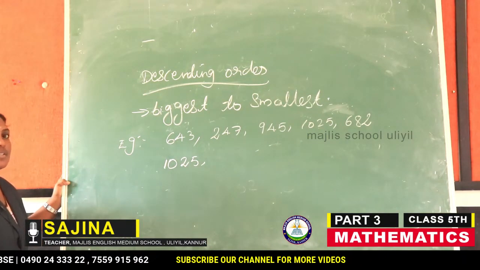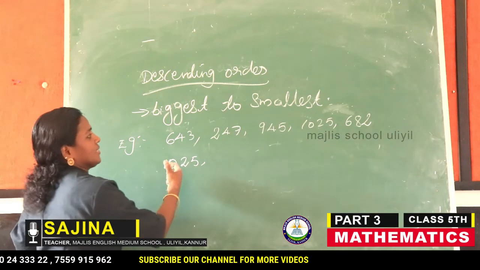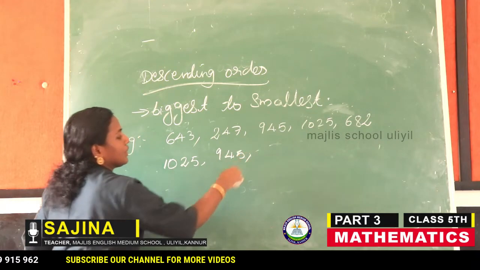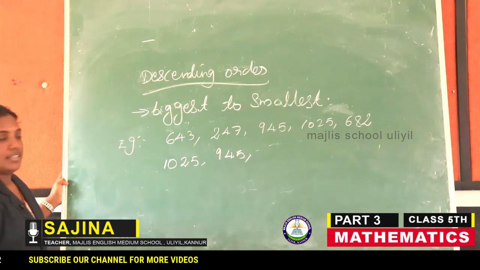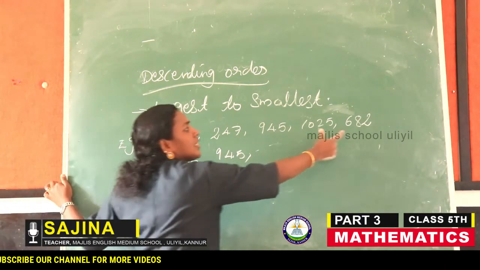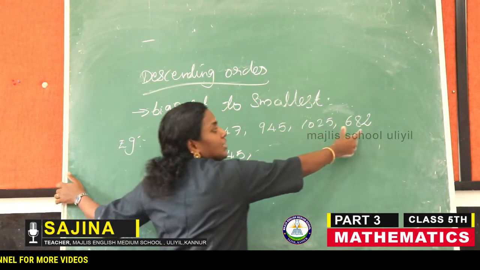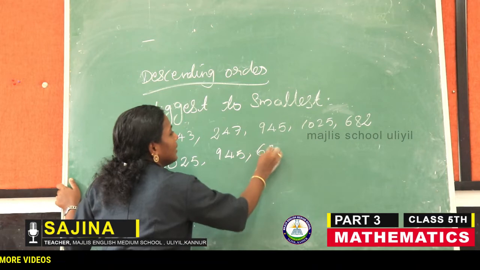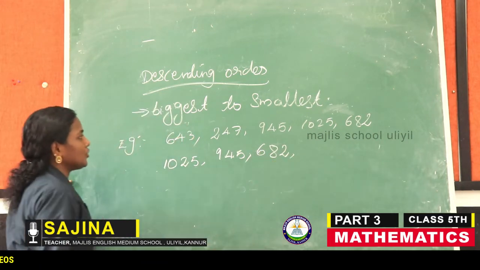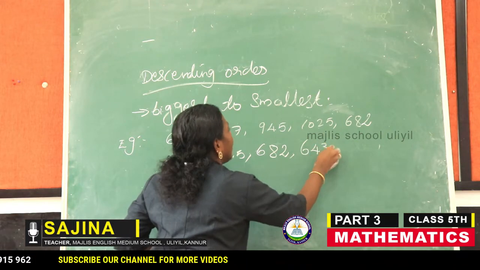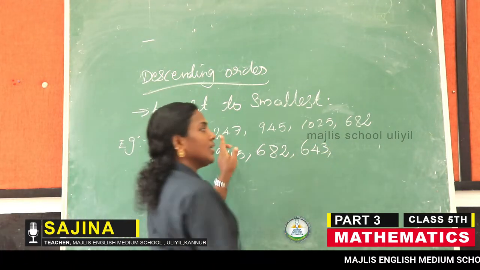Next number is 945. Next is 643 or 682? Which one is the biggest? Yes, 682 is the biggest number. 682. Next 643 and next 247.